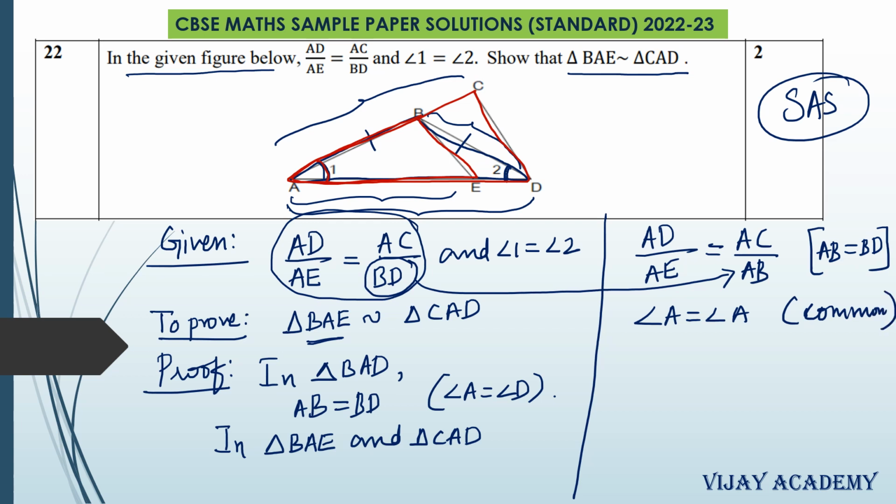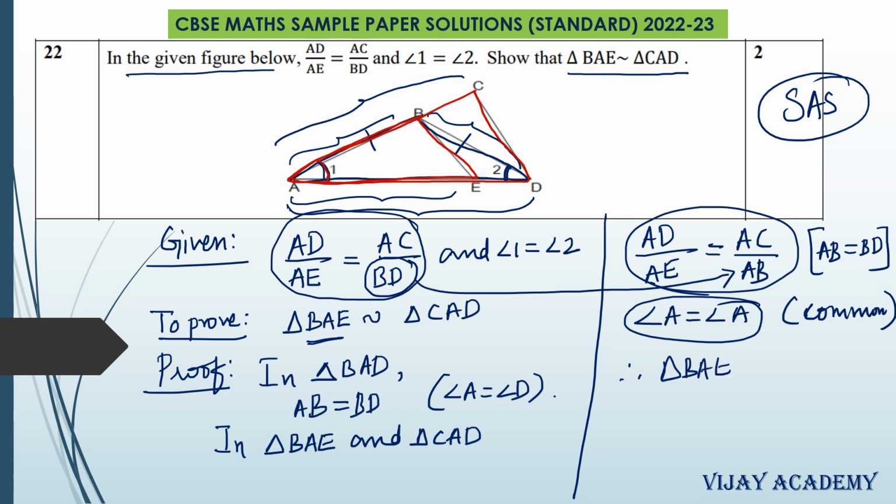Now we have shown that two pairs of corresponding sides are proportional and the included angle is equal. So we can write that triangle BAE is similar to triangle CAD.